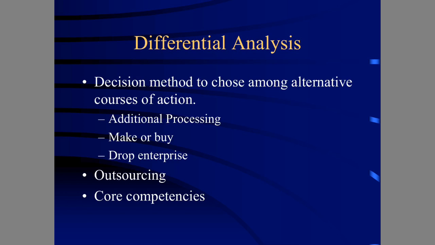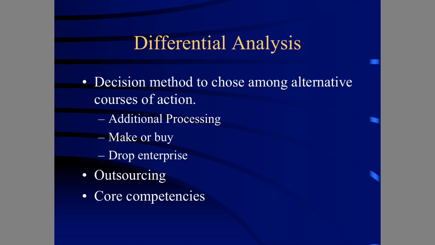So differential analysis, and please read the chapter, it does a good job of providing examples and detail. It looks at several different things. Differential analysis is a decision method to choose among alternative courses of action.